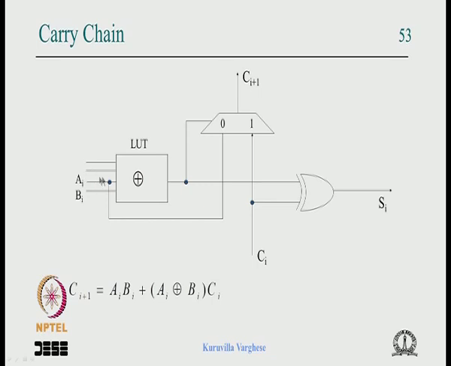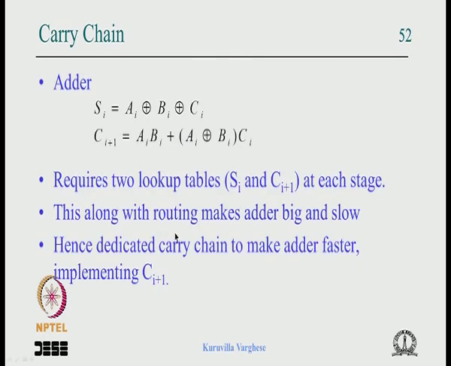It is not that you implement the sum by Ai exclusive-OR Bi exclusive-OR Ci in a lookup table. It is not done, because the trick is that Ai exclusive-OR Bi is common to the sum and the carry. So the idea is to implement this common thing in a lookup table.